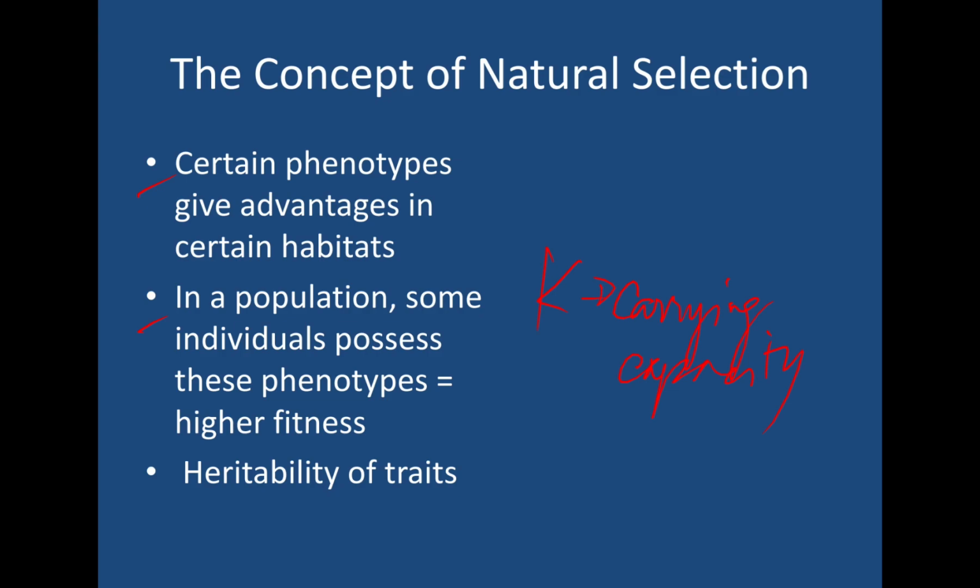On the other hand, with adaptations, increased chances of survival are enjoyed by the organisms that possess the favorable phenotypes. Of course, again, this operates on the basis of these traits being heritable. If they're not heritable, then the advantages can't be passed on to offspring. That's not really natural selection.